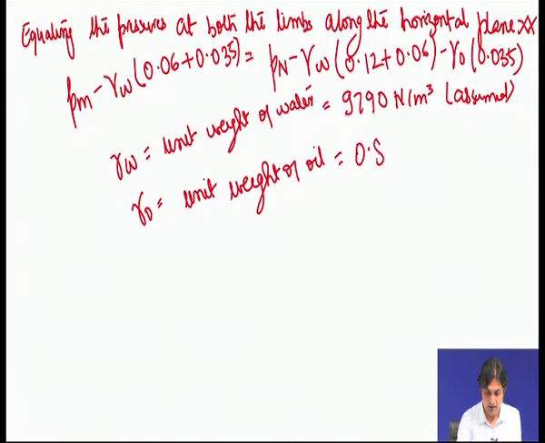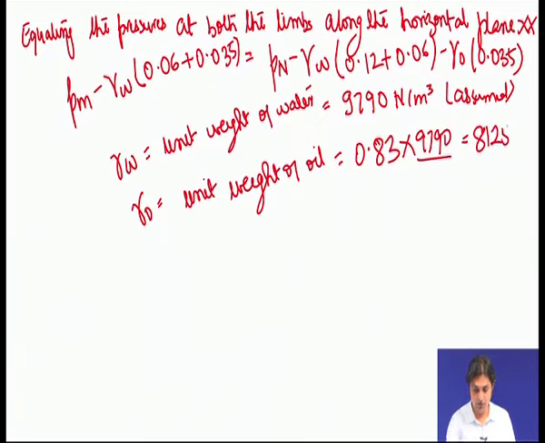The specific gravity was 0.83, into 9790. Specific gravity, when we say it, is always a density in ratio with water, no other fluid, okay. So that is why the unit weight of water is what we multiply by the specific gravity to get the unit weight of that oil. So here it comes out to be 8125.7 Newton per meter cube.